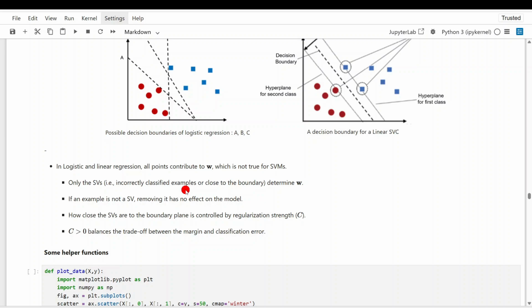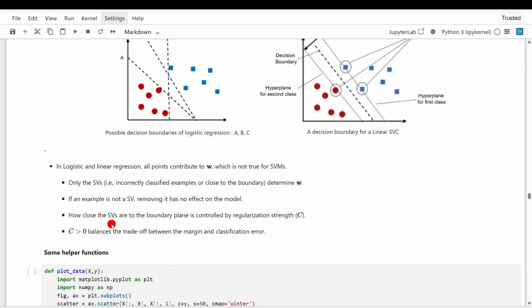And these incorrectly classified examples or points closest to the boundary are called support vectors. Therefore, if an example is not a support vector, not misclassified, or not close to the decision boundary, that example will have no contribution in the estimation of the decision boundary.